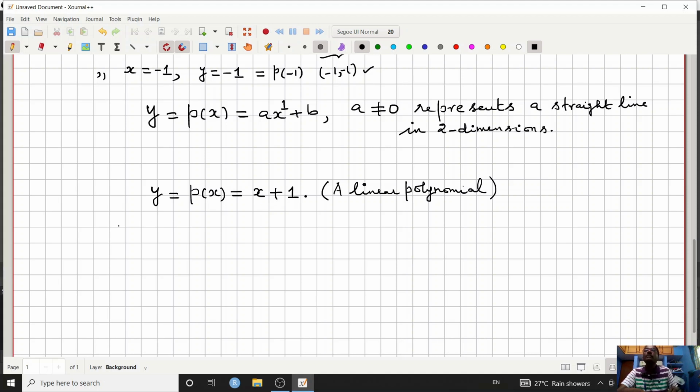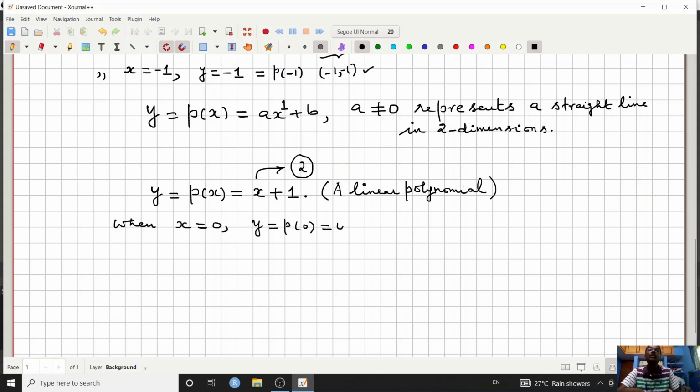Now what we do is simple, as we did earlier: give values for x. So when x is equal to 0, what will happen? When x is equal to 0, y is equal to p of 0. Put x is equal to 0 in equation 2, p of 0.